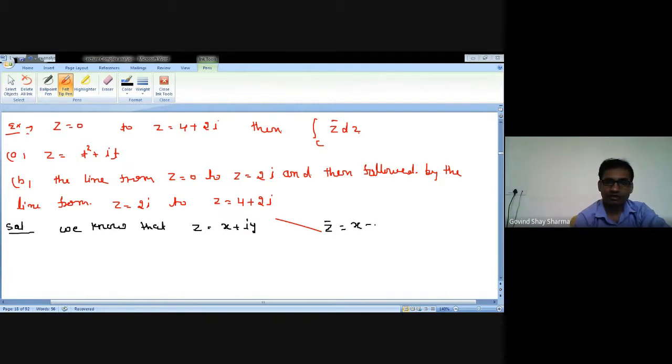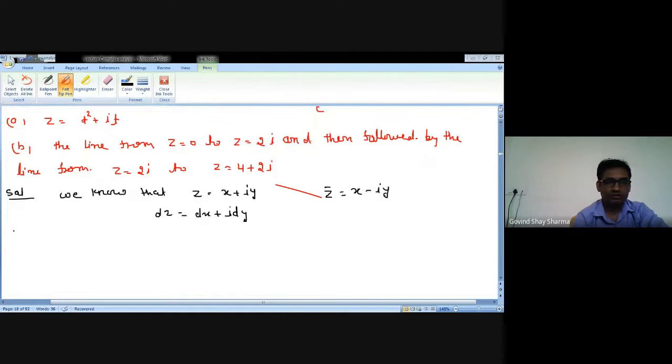The conjugate of x plus iota y: z bar is equal to x minus iota y. And dz is equal to dx plus iota dy. Now z bar dz can be converted to x minus iota y times dx plus iota dy.